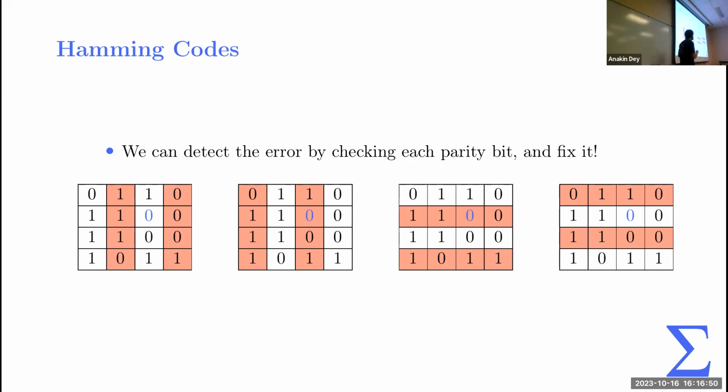Yeah, so you go to the intersection and you know that if this bit is maintaining the incorrect parity, one of these two is wrong. So you know that if this bit is maintaining parity as well, you can tell that a message bit was wrong instead of a parity bit was wrong.